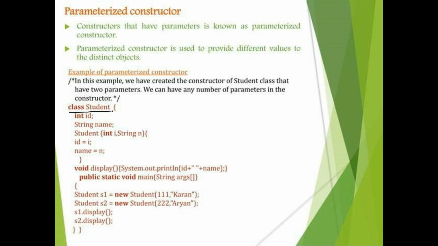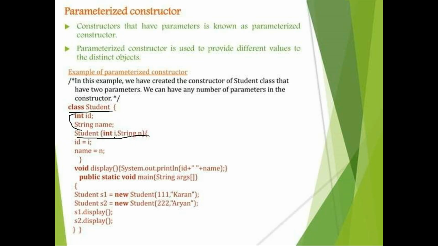We have created a similar program like previously. Class Student, with name and id created for that student. Then we have created an argumented or parameterized constructor, with integer i and string n.